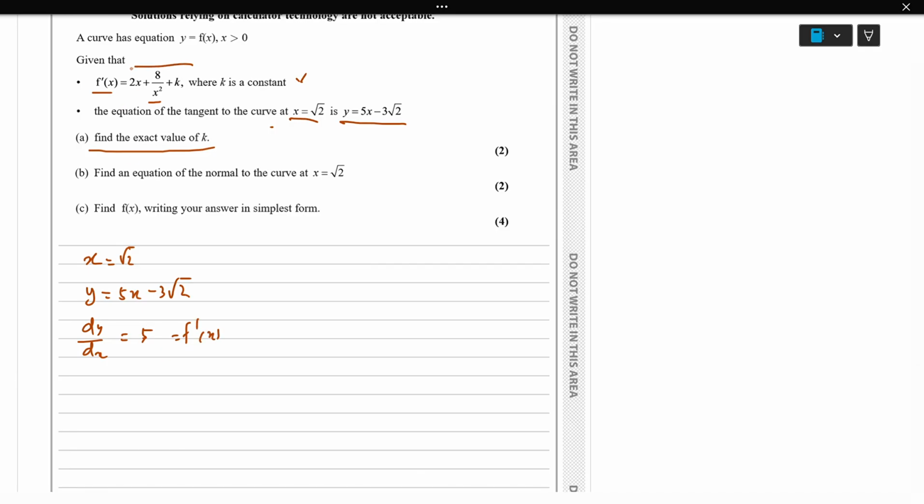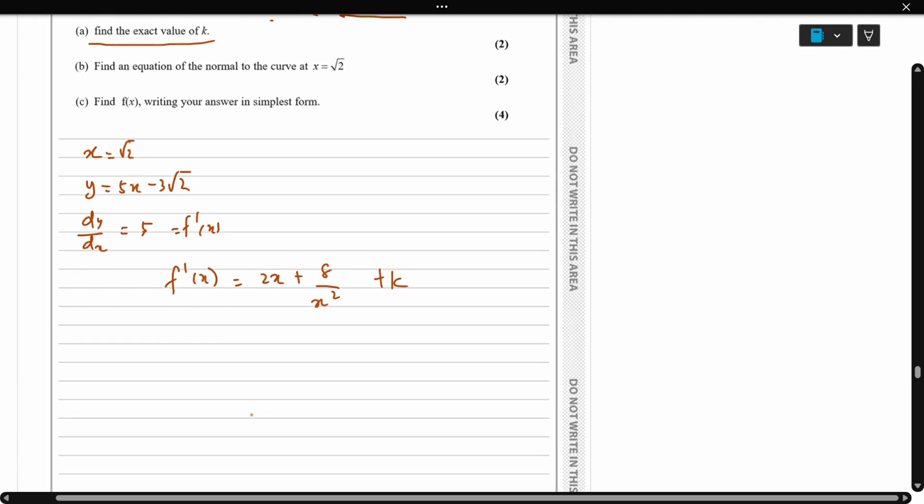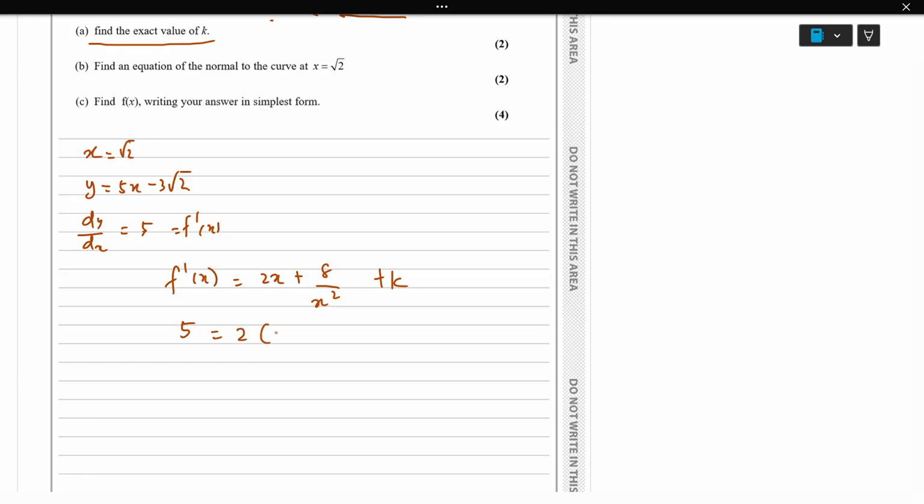Now we take the equation f dash of x equals 2x plus 8 over x squared plus k. Substitute the values: f dash of x is 5, equal to 2 into root 2, because it is given at that point, plus 8 over root 2 whole squared, plus k.